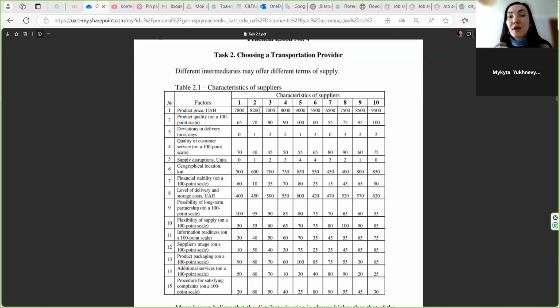Okay. The next, 9, supplier number 8. Then supplier number 9, yes, 900,000 hryvnias. And the last, it is the 10th, 9,500. It is the last place in our rating with number 10. We put here 10.